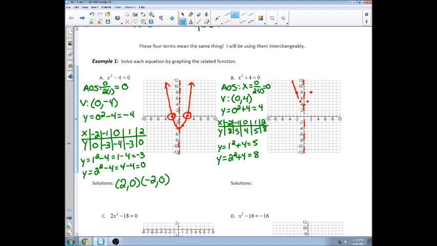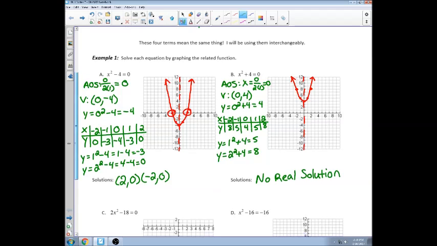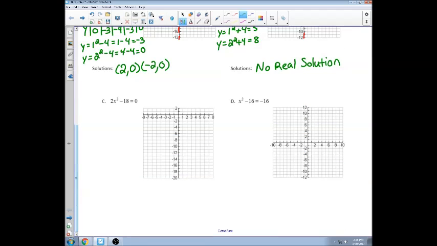If I go ahead and connect all those points, remember that my solution would be where my graph crosses the x-axis. Since that does not happen, I would have no real solution for this problem. All right, let's continue on to C. C, I have the same issue with my b value. I don't have one.